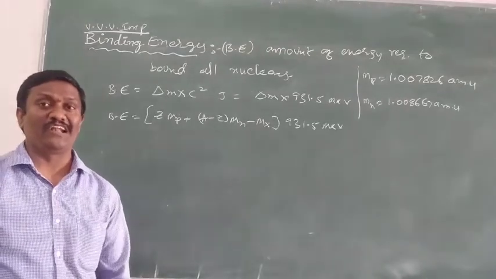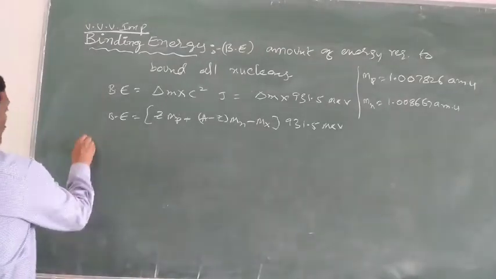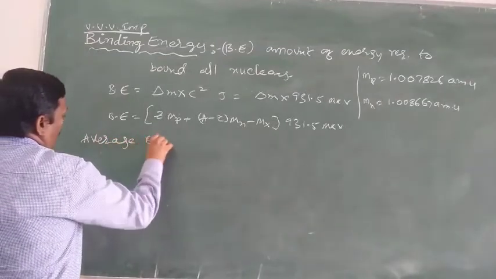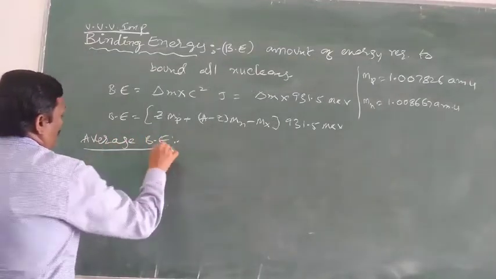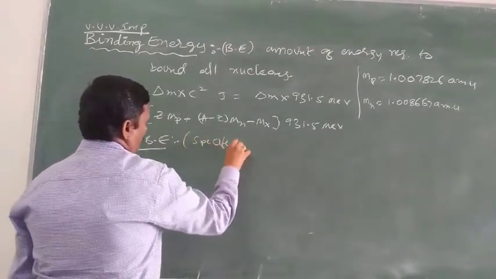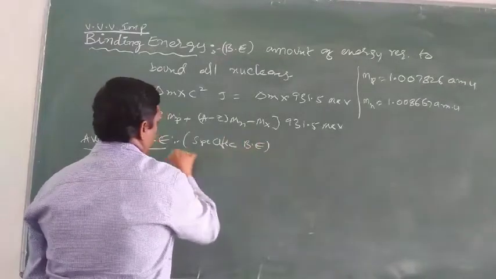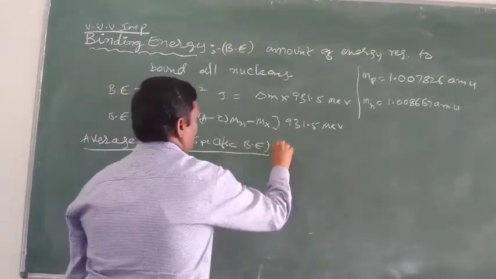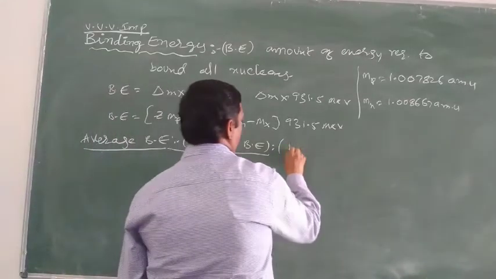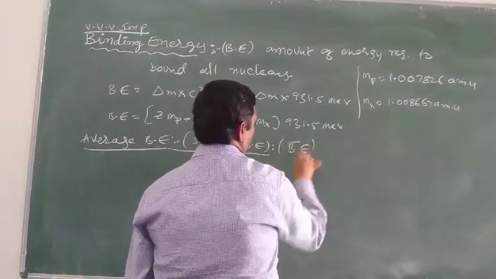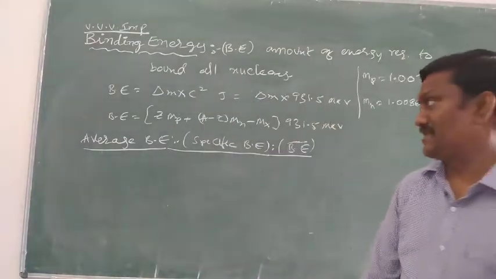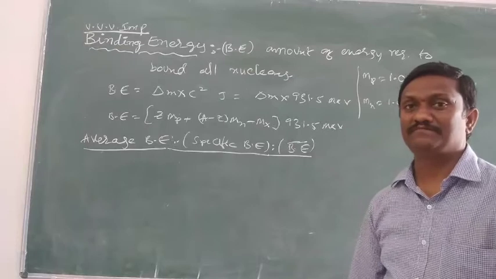Next, a related concept: average binding energy, also called specific binding energy. The symbol of average binding energy or specific binding energy is B bar.